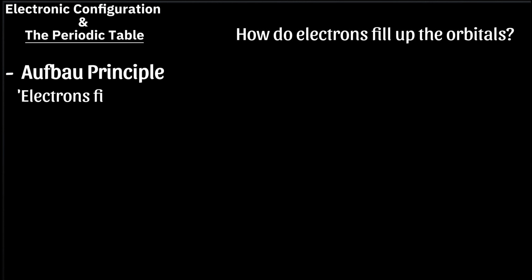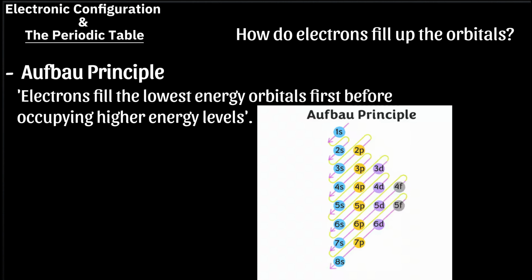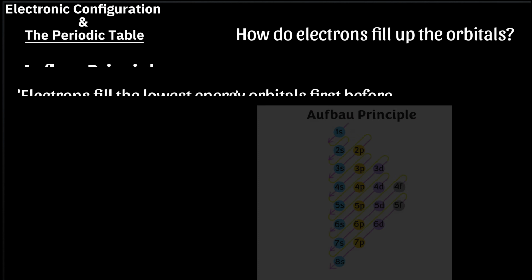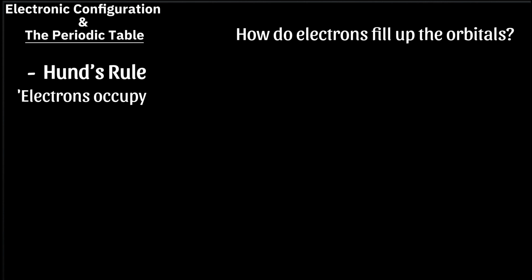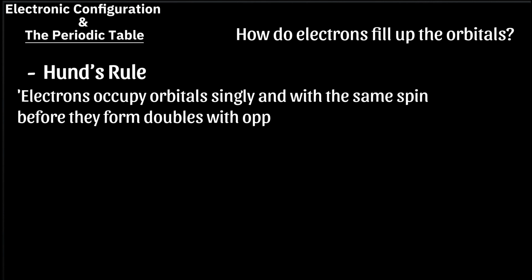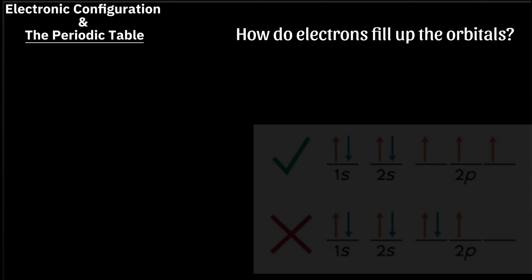It says that electrons fill the lowest energy orbitals first before occupying higher energy levels. Bear that in mind. Number 2, Hund's rule, states that electrons occupy orbitals singly and with the same spin before they form doubles with opposite spins.